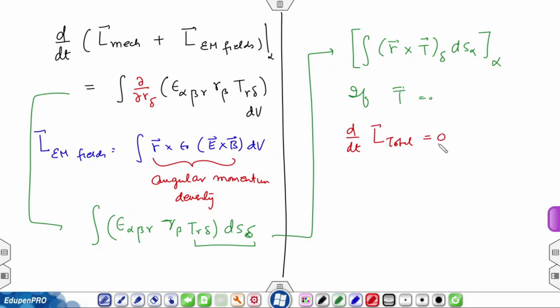That means, the sum of the mechanical momentum of a given set of charges and the electromagnetic field is going to be 0, and the interpretation we have given that L of EM fields is nothing but integral R cross G dV, where usually one writes G for the momentum density, where G is epsilon 0 E cross B.